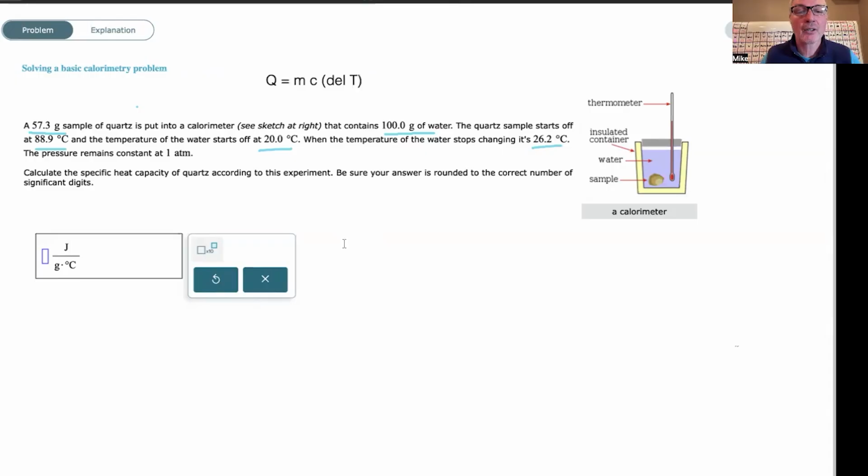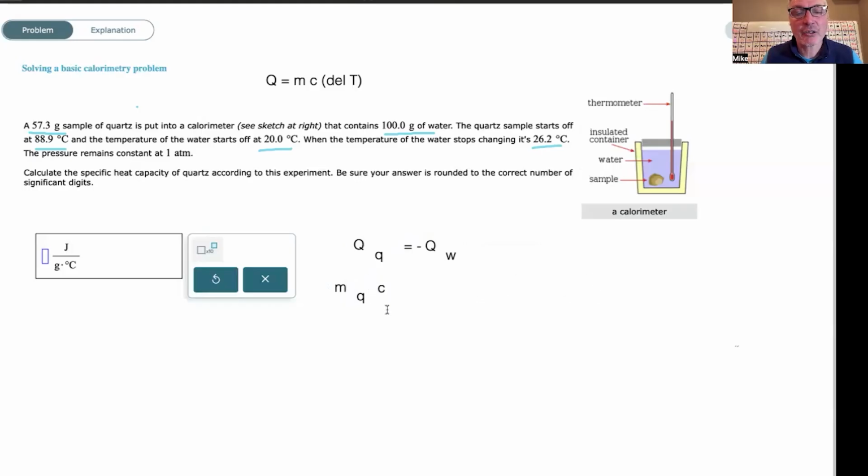We're going to go ahead and say Q quartz equals minus Q water, or the other way around. Let's go ahead and say that means M quartz times C quartz.